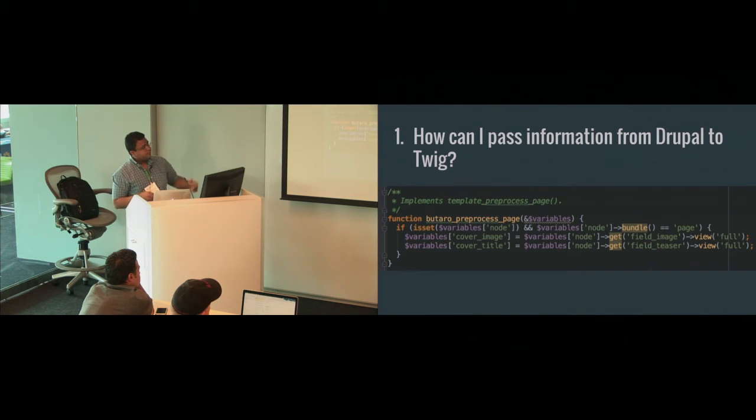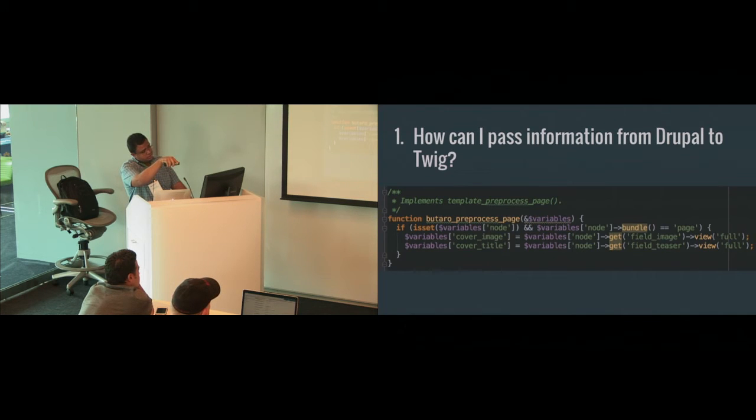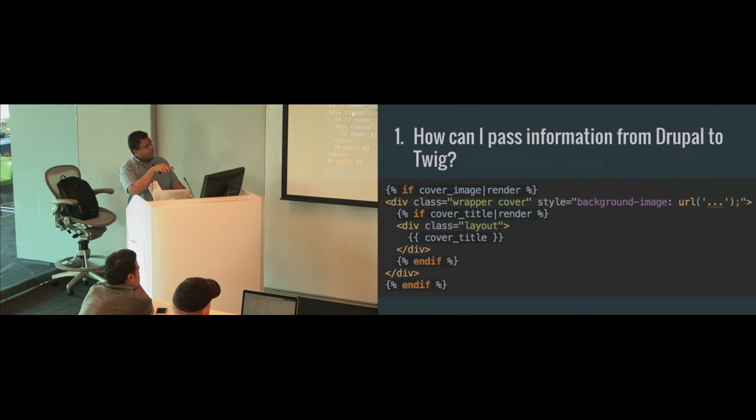Once you do that, this is the template itself. So you say if, this is the name of the variable, when I call this function, I get a render array. So if the variable render, that means rendering the array, has some value, that is the same as saying if it is not empty, then I want to print this markup.